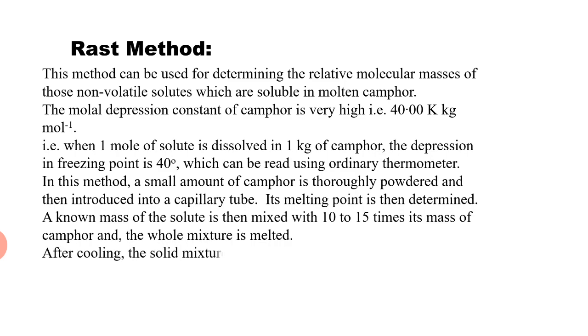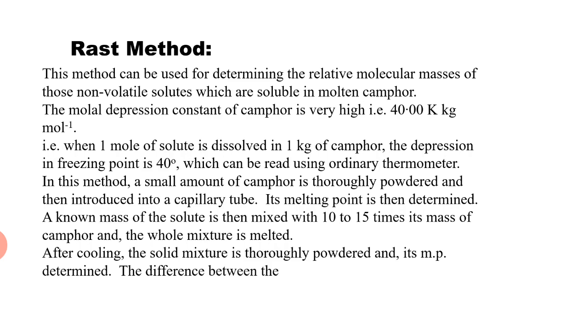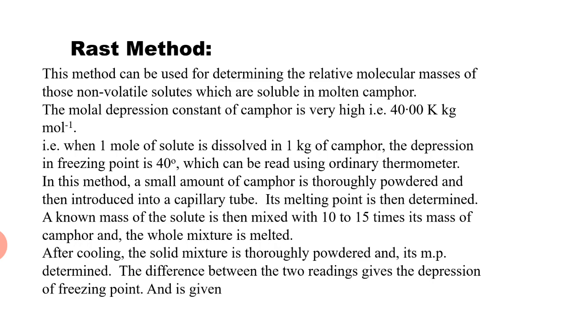After cooling, the solid mixture is thoroughly powdered and its melting point is determined. The difference between the two readings gives the depression of the freezing point and is given by the formula delta Tf is equal to T0f minus Tf.